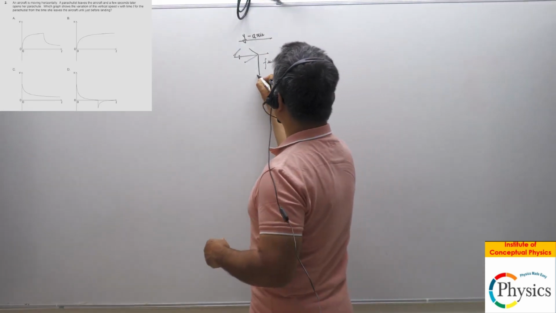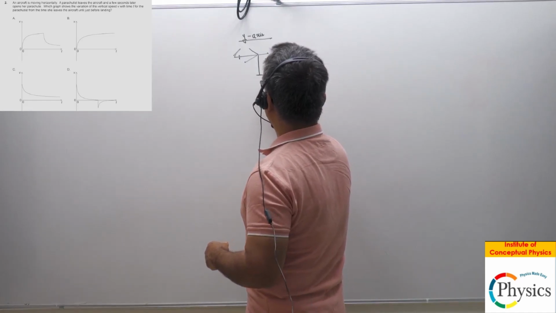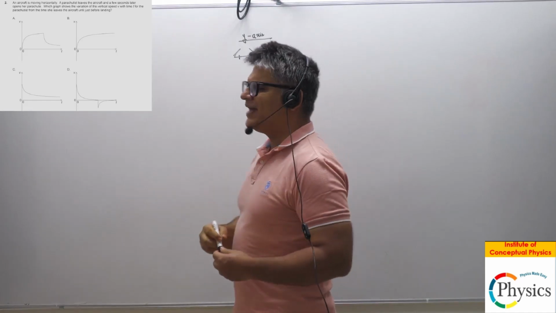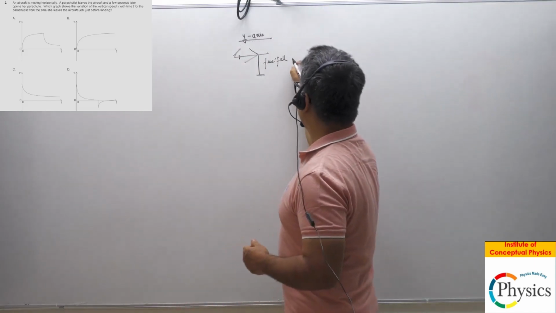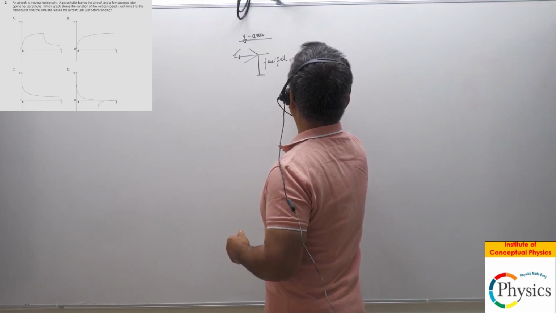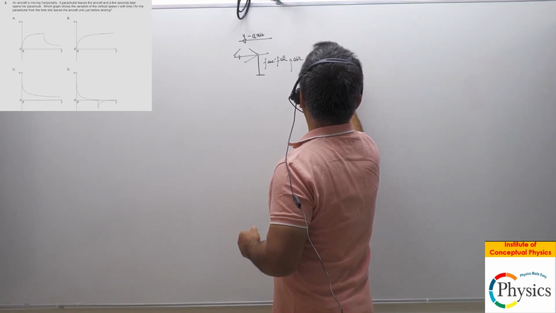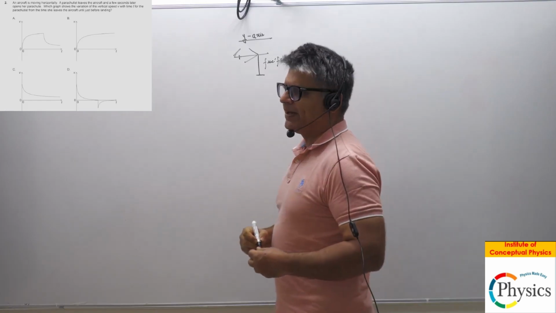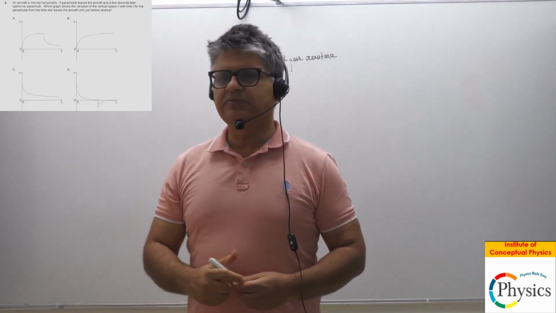So say the air resistance comes into picture as soon as you start falling, right? So you have parallelly air resistance also being applied on the parachutist, right? And then the parachutist comes down, okay?